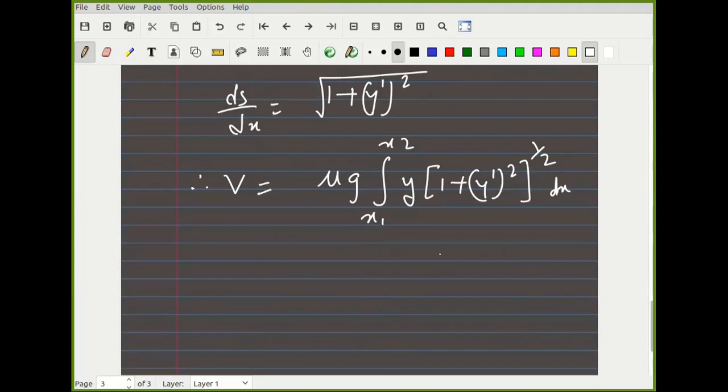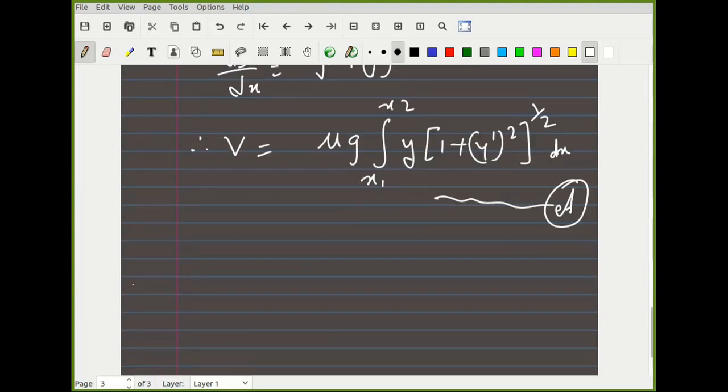So now, let me write this as some script A equation, and we are now in a position to apply calculus of variations because we have the integrand with an unknown function y.